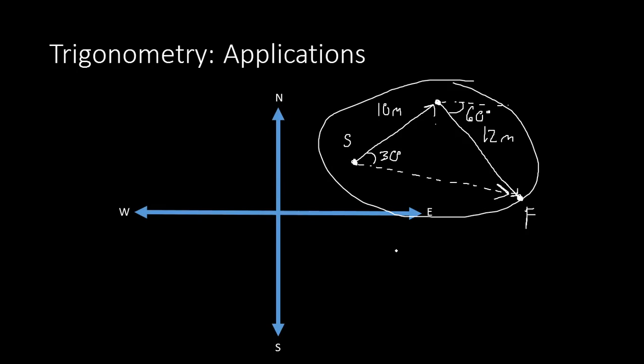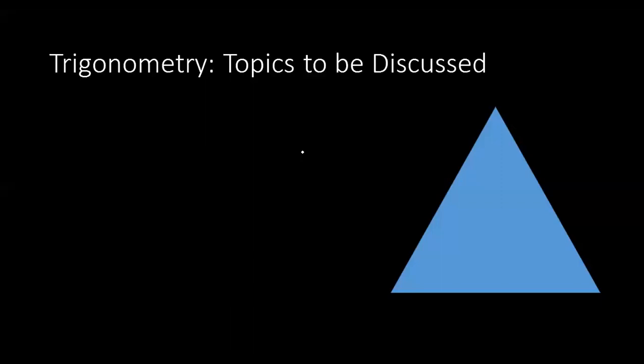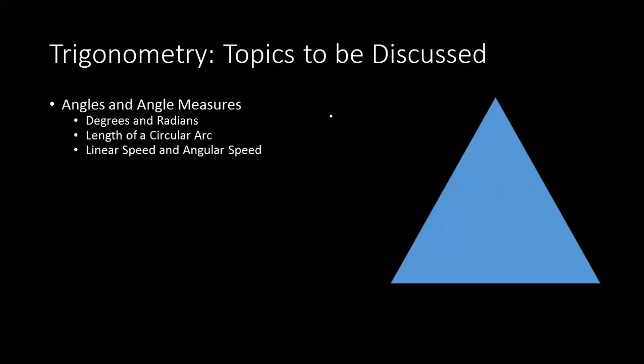And now, speaking of discussions, what are the topics involved here in trigonometry? So here are the topics that we will be discussing in the future. So first, let's talk about angles and angle measures. Remember I mentioned degrees, right?